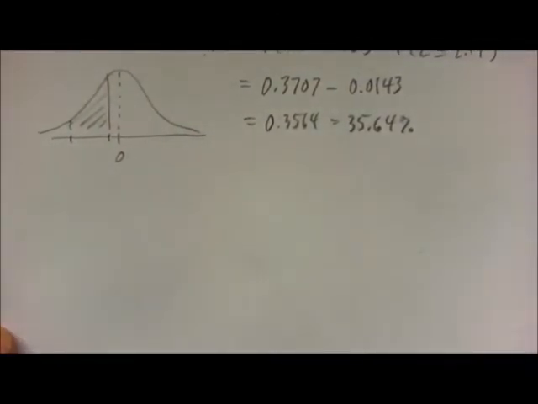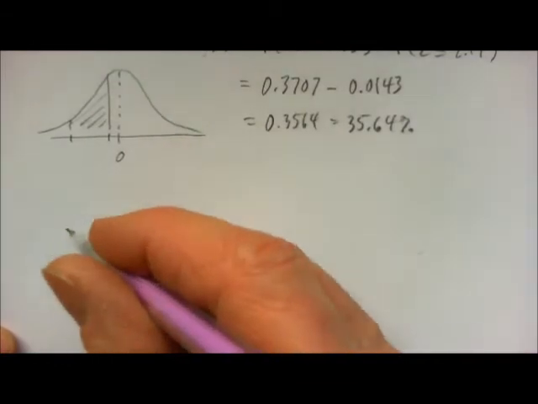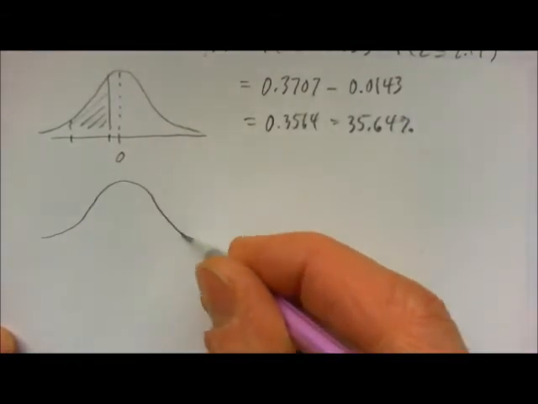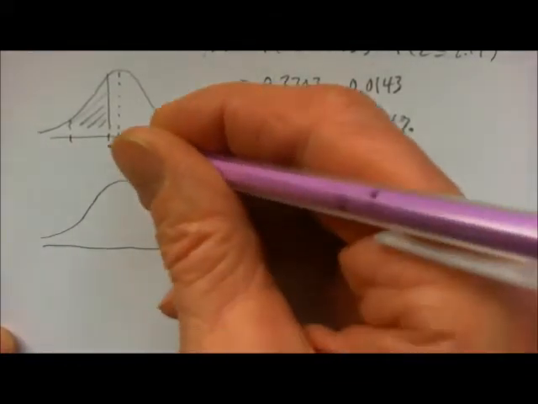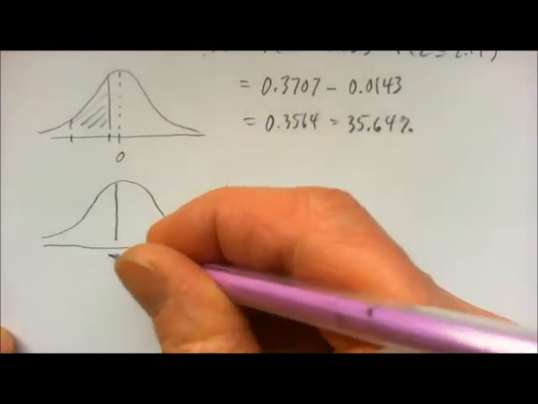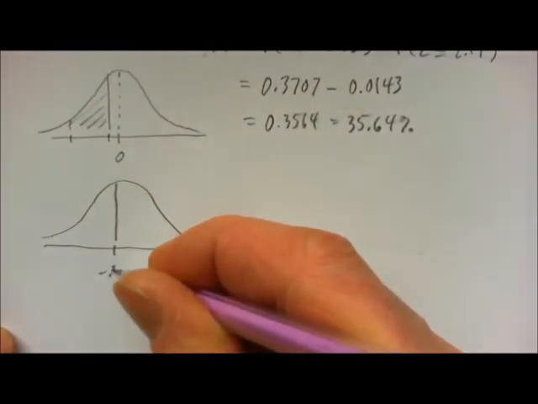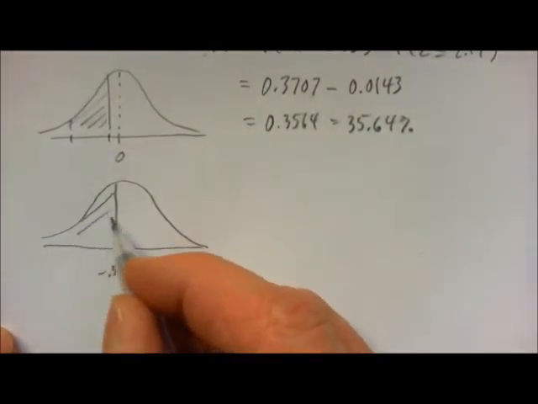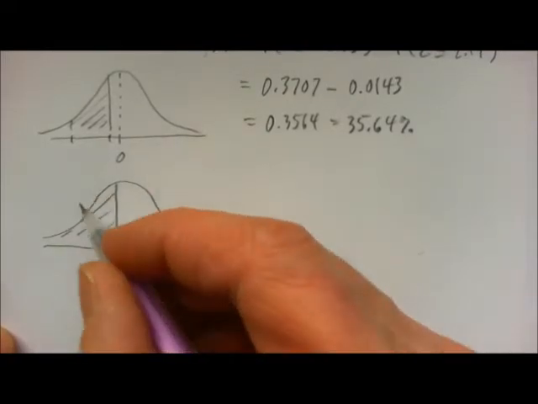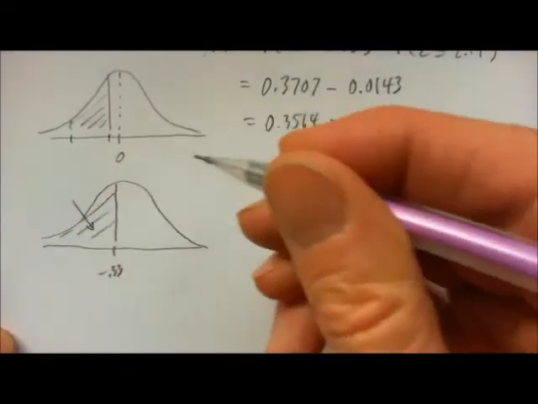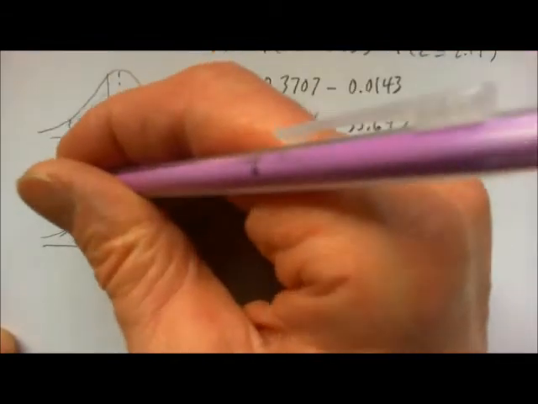Again, you can look at the same problem in terms of areas. Okay, so let's just use this picture again. You could look up on the table the area that's to the left of negative 0.33. You find this area here, and what you find is that this area is 0.3707.